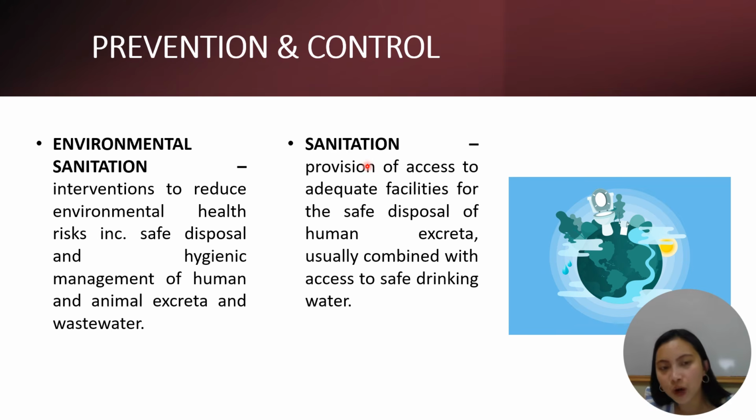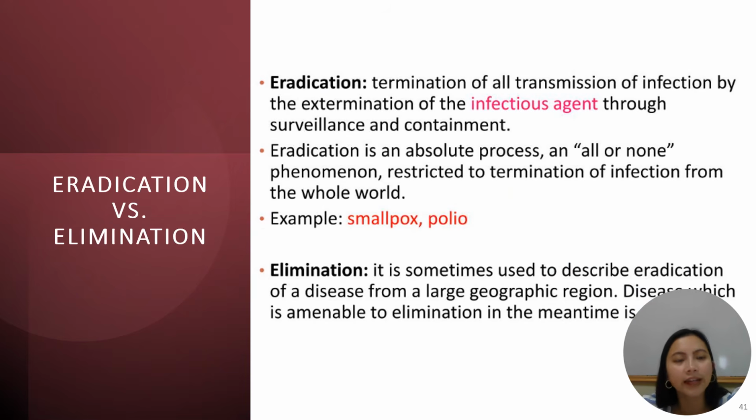And lastly, for sanitation, it's the provision of access to adequate facilities for the safe disposal of human excreta, usually combined with access to safe drinking water. All right, so let's define first eradication versus elimination.